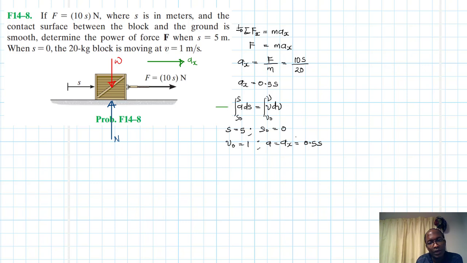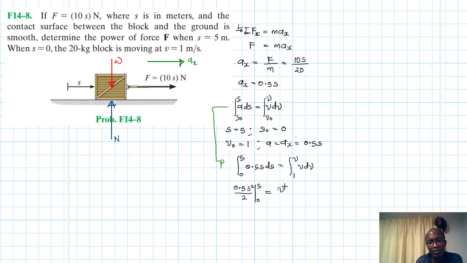Right, so using this equation here and plugging in all the values, we are integrating from 0 to 5. The acceleration is 0.5 s, and we have a ds there. Integrating this from 1 to v, we have 0.5 s squared divided by 2, evaluated from 0 to 5.